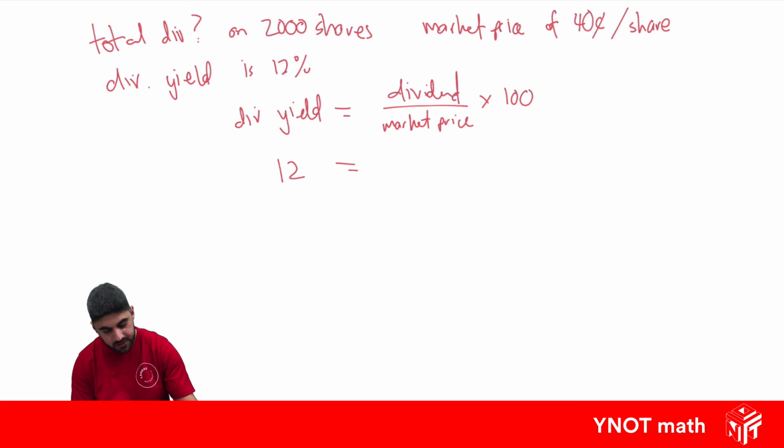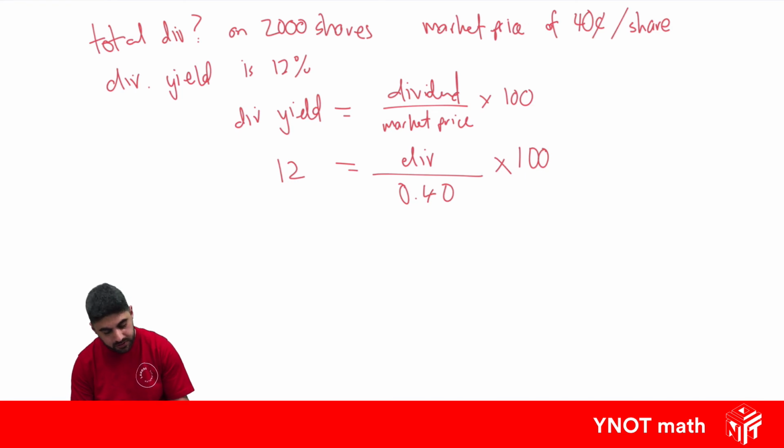Sorry, we don't know our dividend, that's all we want to find. Our market price is 40 cents, which is 0.40, times 100, and we can solve this equation for our dividend.